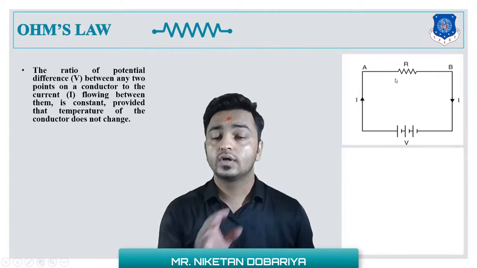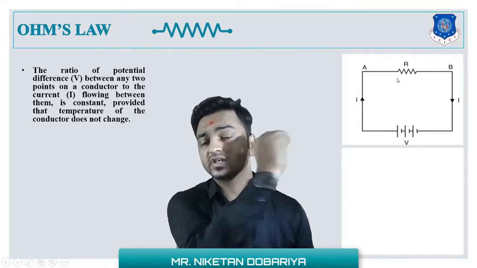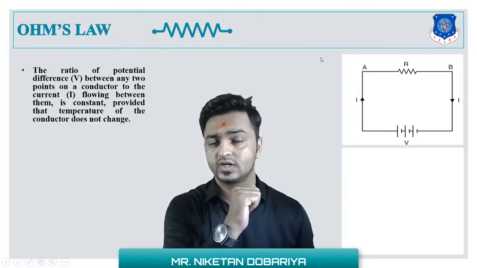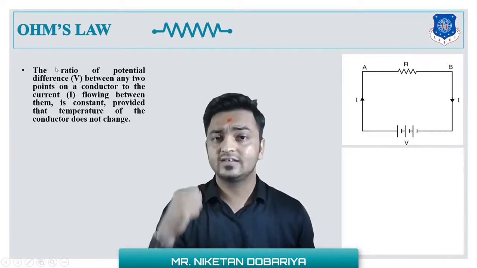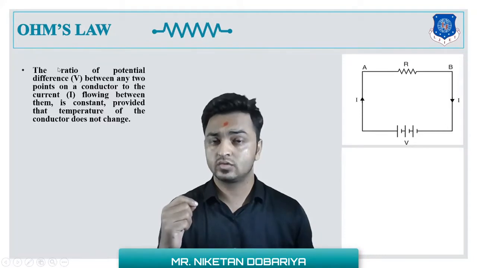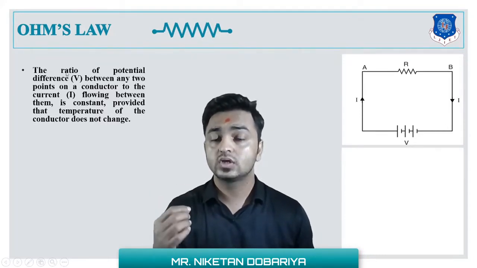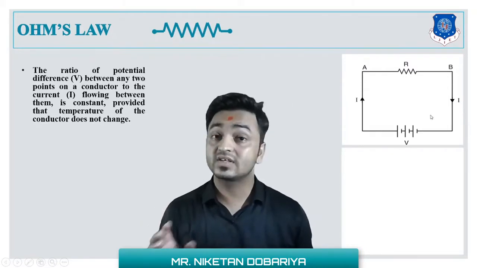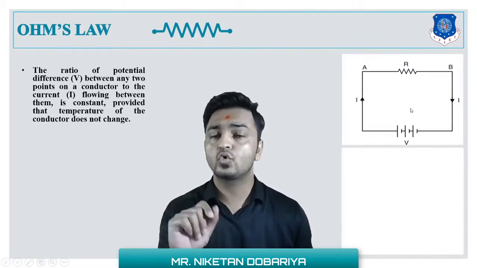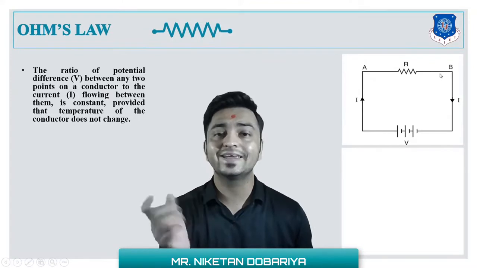So if we apply Ohm's law for this given circuit diagram, according to the statement, the ratio of the potential difference to the current. For this circuit, what is the potential difference across terminals A and B?